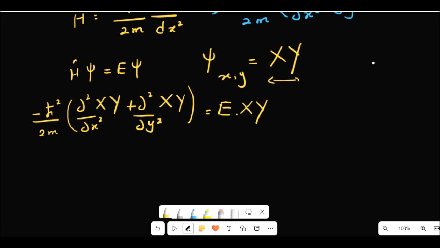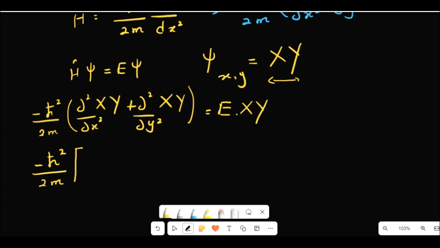Okay, now when we are doing a derivative with respect to x, this y is considered a constant because we are considering the x term over here, and likewise here we differentiate this function with respect to y, so x is a constant. So when we are doing a derivation we can take out the constants.